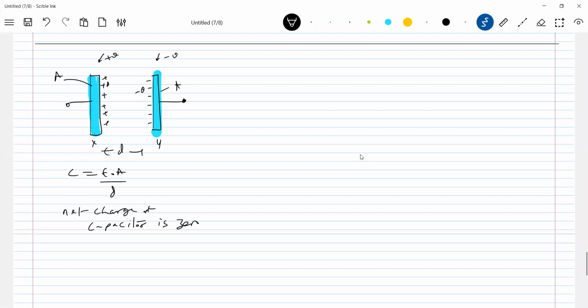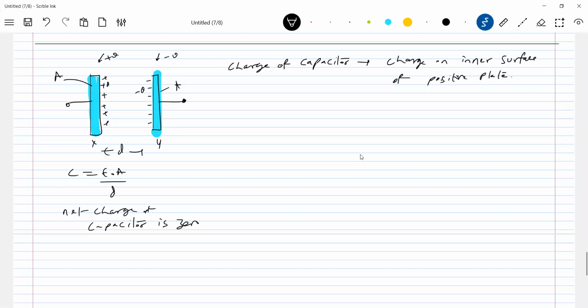Plus Q, minus Q. But what should I say is the charge of the capacitor? How should we define it? The charge on the inner surface of the positive plate is defined as the charge of the capacitor.